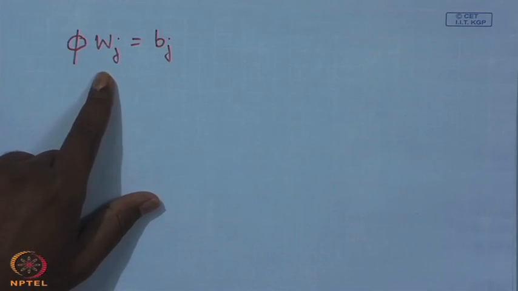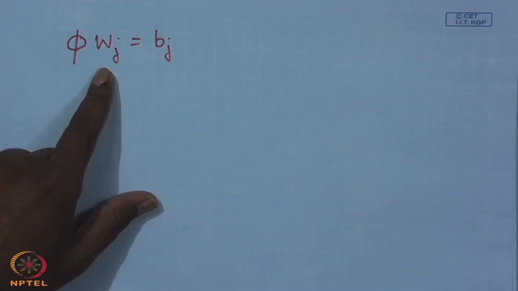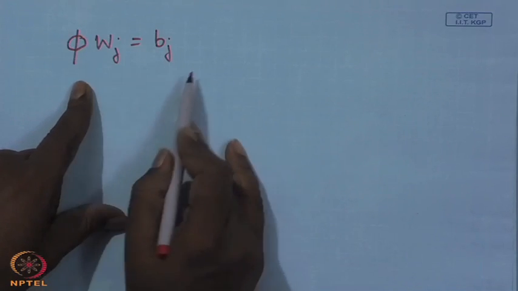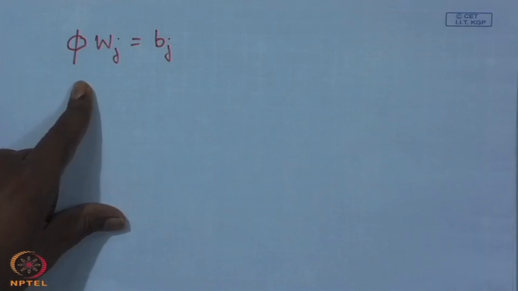So, if the network is properly trained, that is all the w i j have got the trained value, then this equation should be satisfied. But what we are trying to do is train the network, that means, we are trying to set the weights w j. So, we cannot expect that this equation will be satisfied initially.